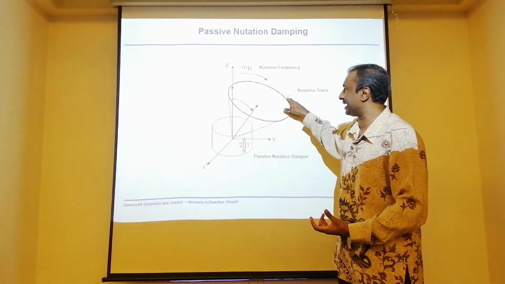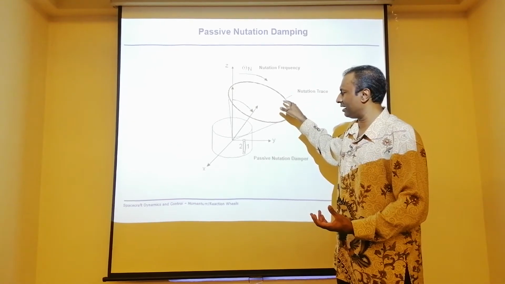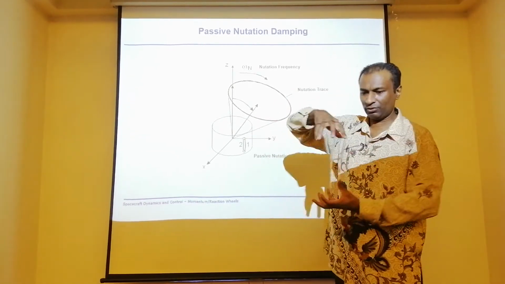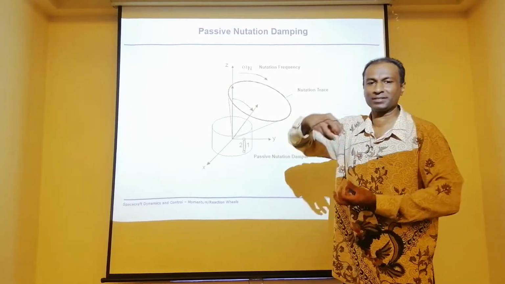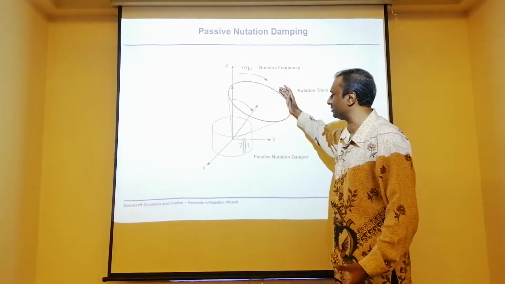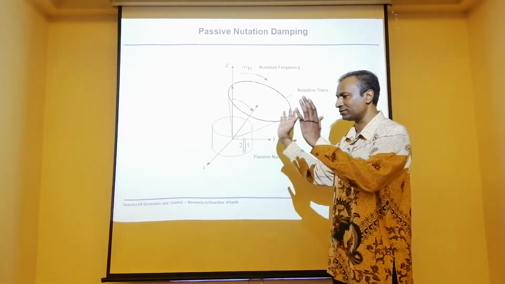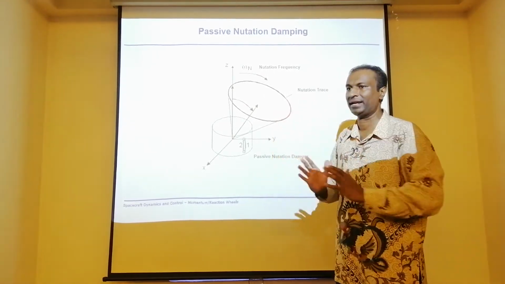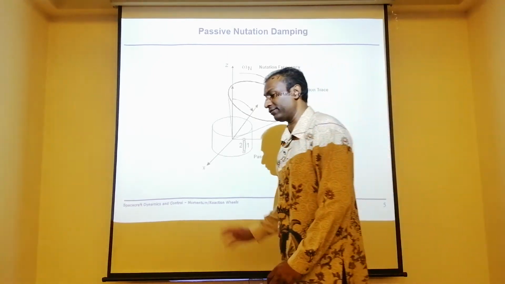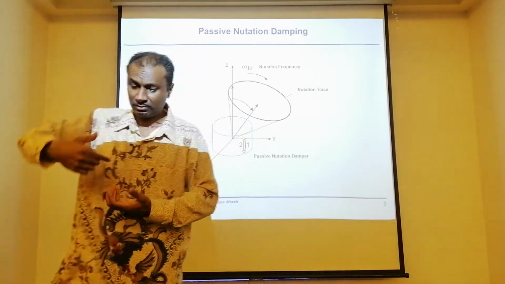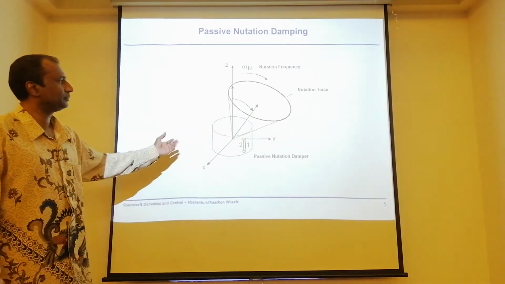The energy from the satellite body is transferred to the damper when you rotate. It dampens it, meaning the kinetic energy is transferred to the damper, so you reduce the nutation. When you reduce it, you can start doing attitude control. If you have so much nutation, you can't do attitude control. You'll be haywire.